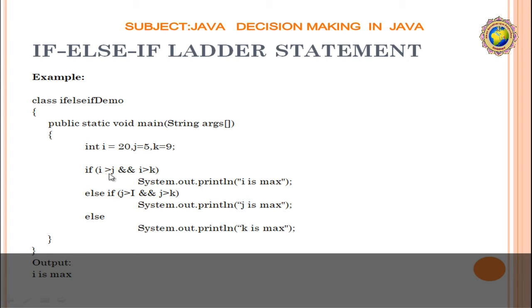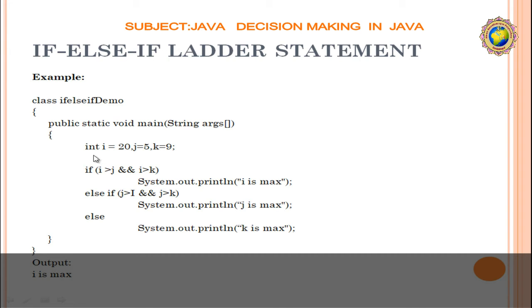Then i is max. Otherwise, if j greater than i and j greater than k, then System.out.println j is max. If these conditions are not fulfilled, then it prints k is max.